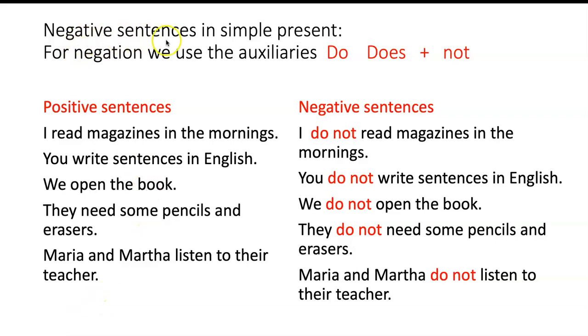Okay. Negative sentences in simple present. For negation, we use the auxiliaries do, does, plus the word not. Okay, so you have to use do, does, and you have to add the word not. This is for negative sentences, when we say no. So we have here positive sentences and here we have the same sentences but in negative. So, I read magazines in the mornings.